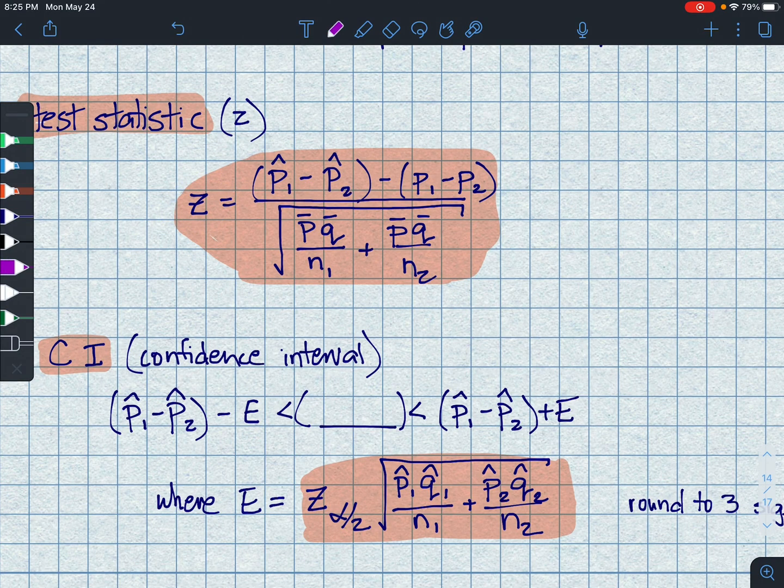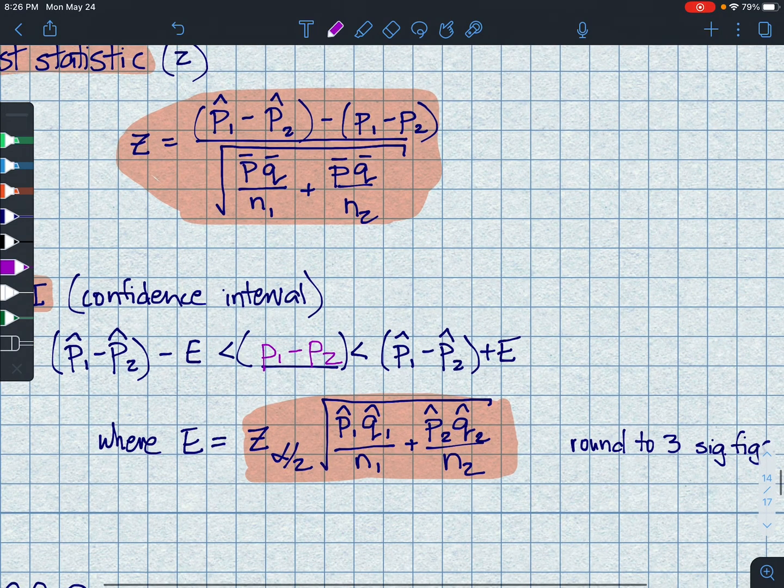We will also find the confidence interval. Notice we have the two errors. We're subtracting the error and adding the error, and then this would represent p1 minus p2. And there's how we calculate the error, with our z alpha over 2 and then the square root of those two.